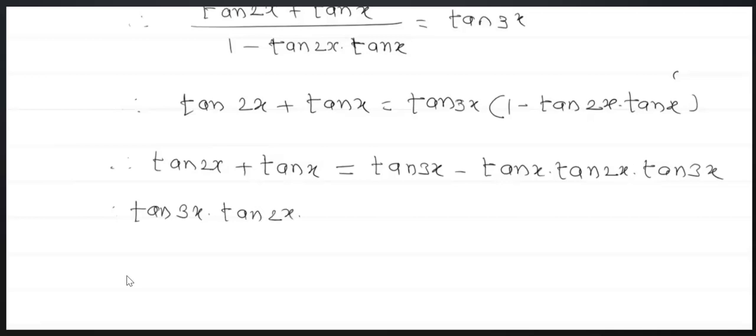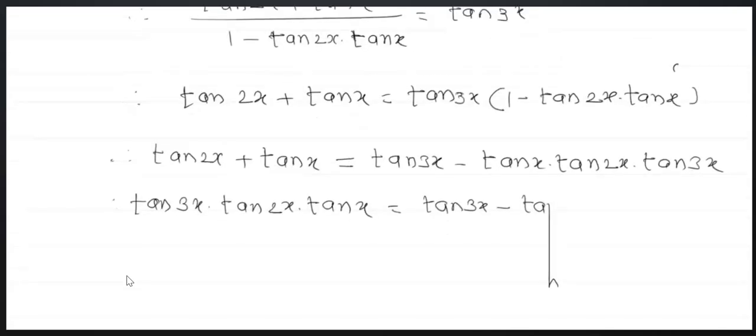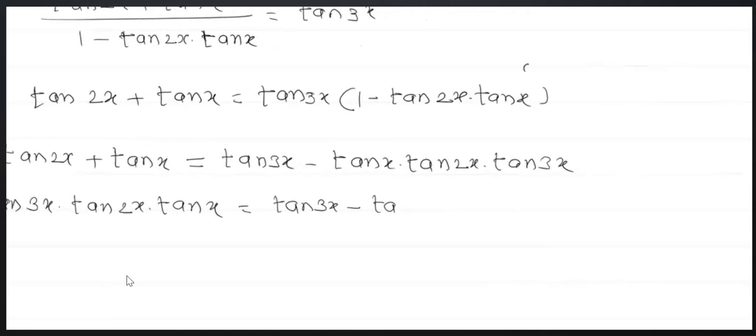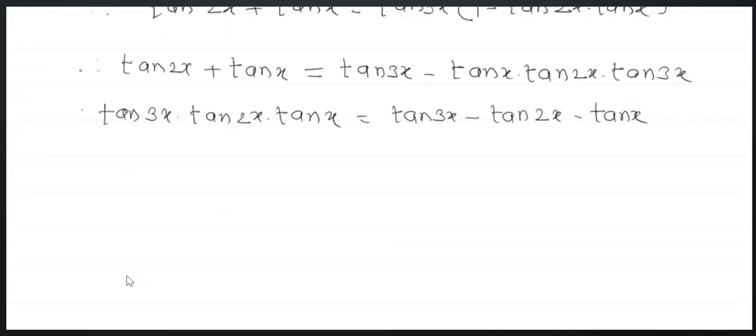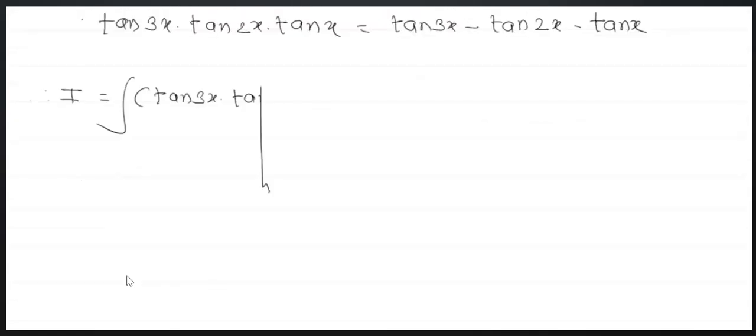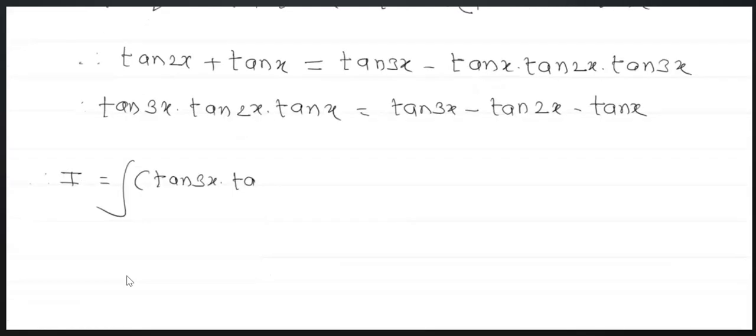Therefore tan of 3x into tan of 2x into tan x is equal to tan of 3x minus tan of 2x minus tan of x. Now this is the value of tan of 3x into tan of 2x into tan x, and we want to find out the integral of this.